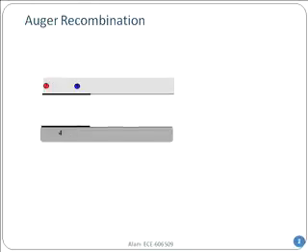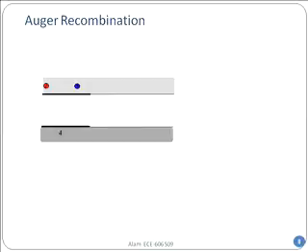Now, there is a third thing, one of the recombination processes is called Auger recombination. Now, Auger recombination is slightly different. Remember the problem. My problem is my electron and hole have to have the same wavelength before they can recombine, or they need a trap.